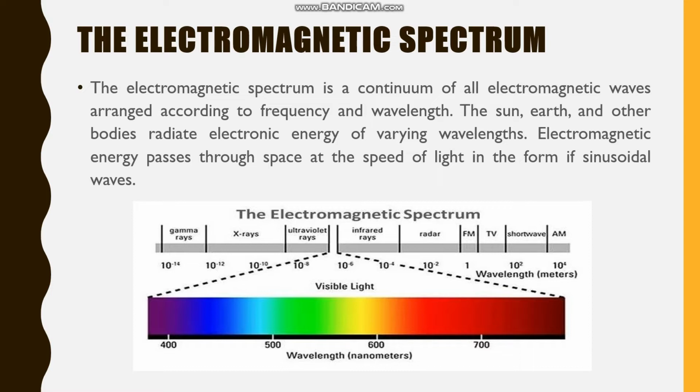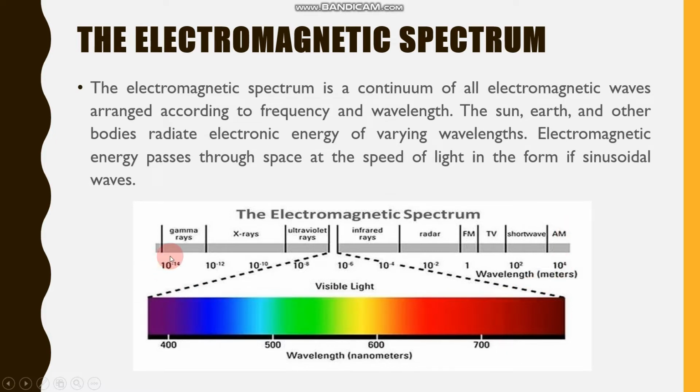For example, dito si gamma rays, di ba? Si X-ray, si ultraviolet rays, si visible light rays, si infrared, si radar, si FM, TV, shortwave, and AM. Yan po is yung kabuuan ng electromagnetic spectrum natin.